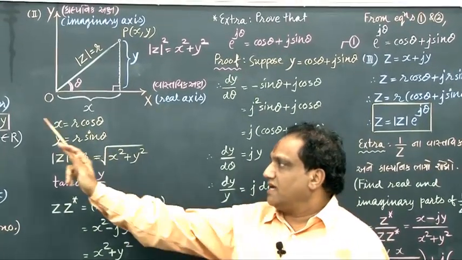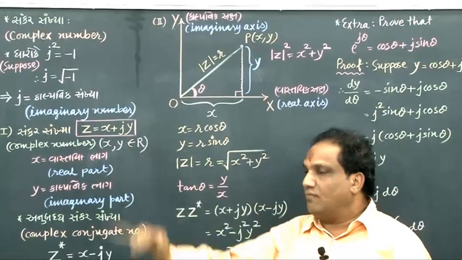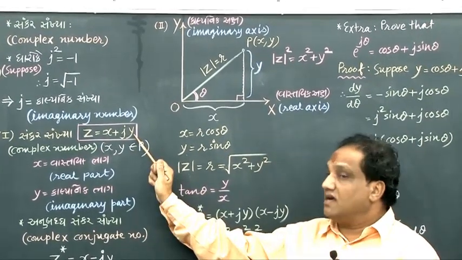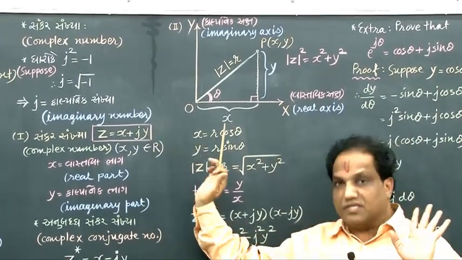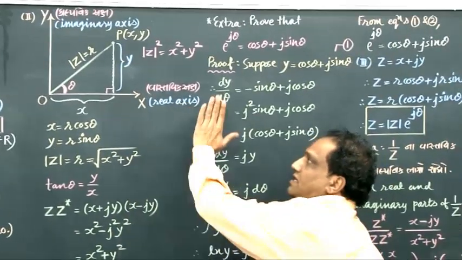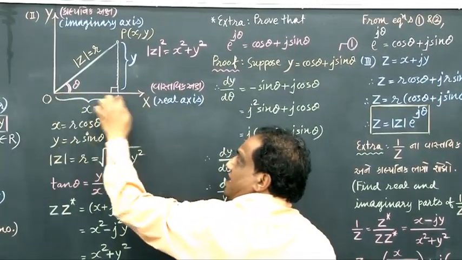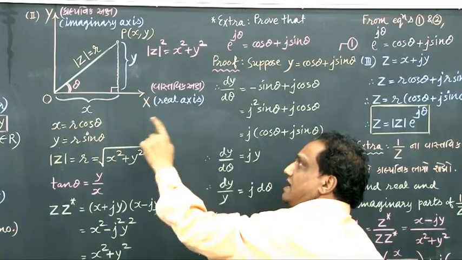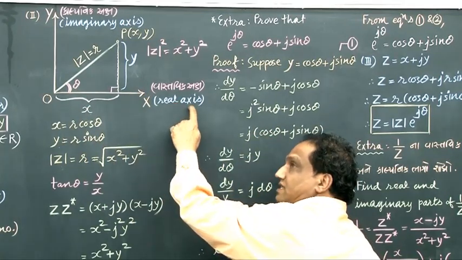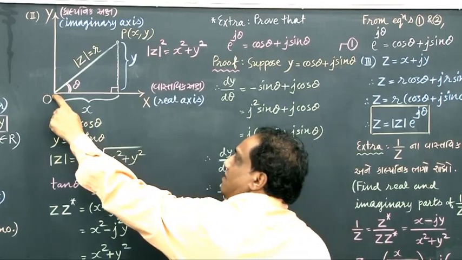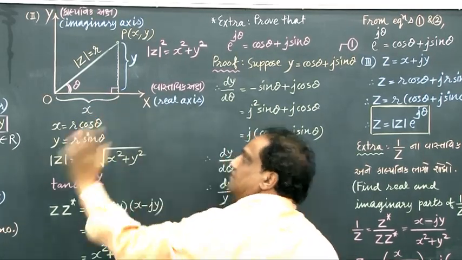But what is x here? Real part of the complex number. What is y? Imaginary part of the complex number. Now here in this complex plane, the positive x-axis is always taken as the real axis on which the real part is shown.